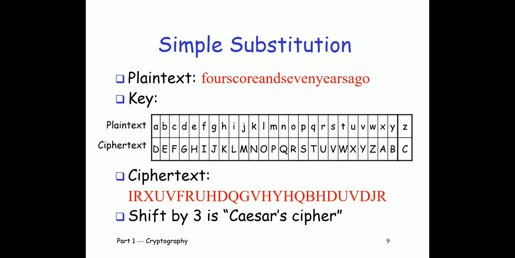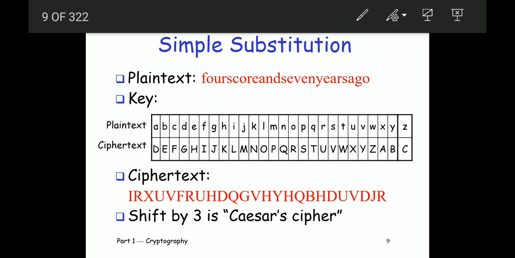For example, we are given a plain text, "four score and 7 years ago", and let us say the key that we have considered is the value n, and let us consider the value of n is 3.